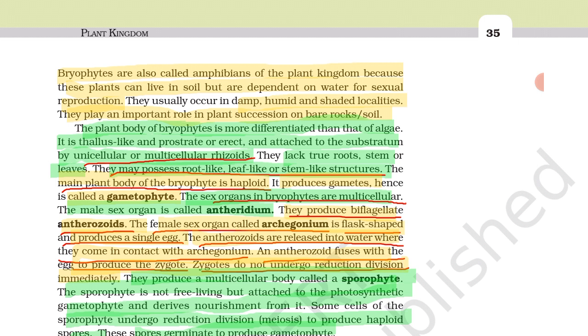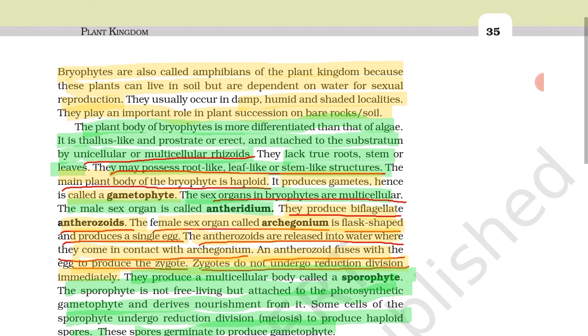When the male gamete is released into the water, it comes in contact with the female gamete, the egg in the archegonium, and the male and female gametes form a zygote. The antherozoid fuses with the egg, a female gamete, to produce the zygote. Then this zygote does not undergo reduction division immediately.